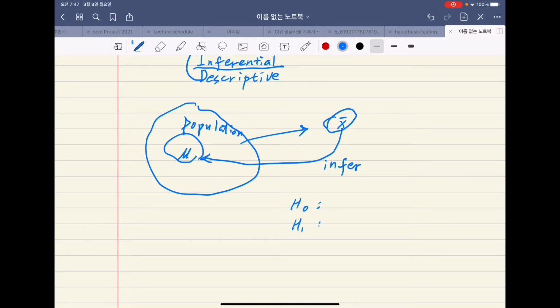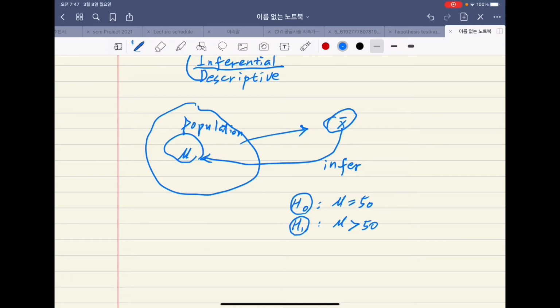So for example, you can set up a hypothesis like mu is greater than 50. You usually use an equal sign here. You set up a hypothesis like this, and then you want to test it.